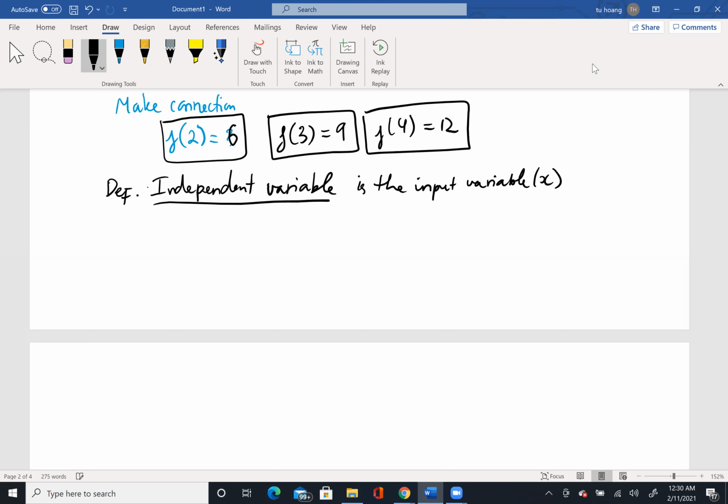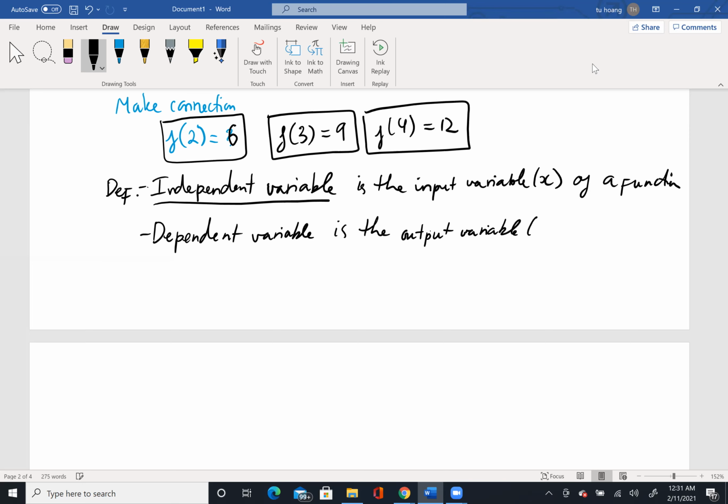Usually it is x of a function. And the dependent variable is the output variable, usually y of a function.